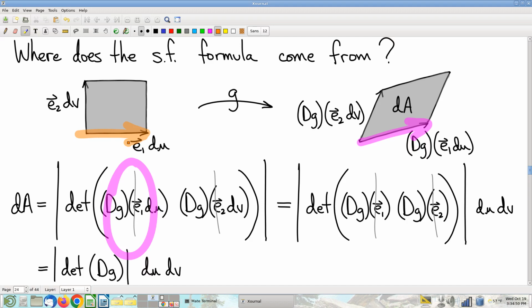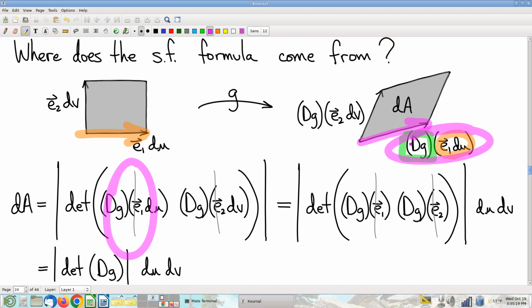Said differently, given this input change, we want to know the corresponding output change. And we have a thing for that. That's what derivatives do, right? The derivative matrix in particular is what you apply to the input change, which I have in orange, to get the output change, which I have in purple. So that's an immediate use of the derivative matrix.